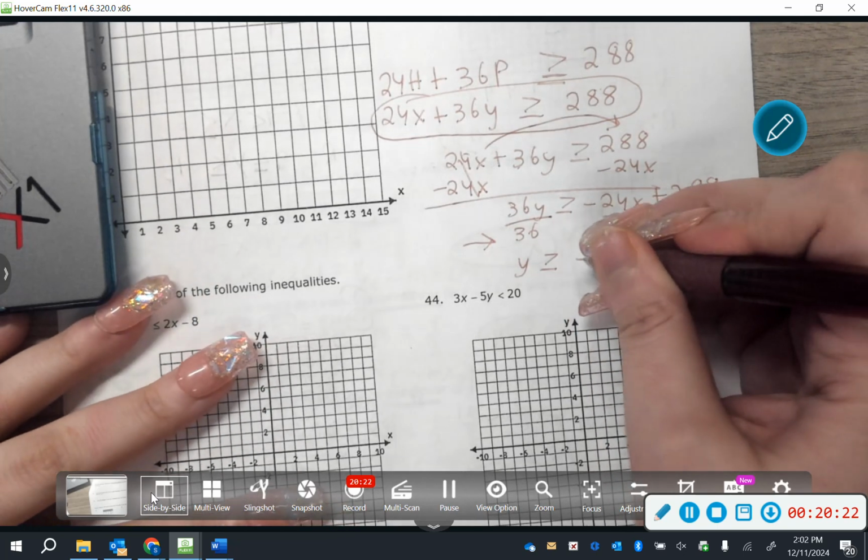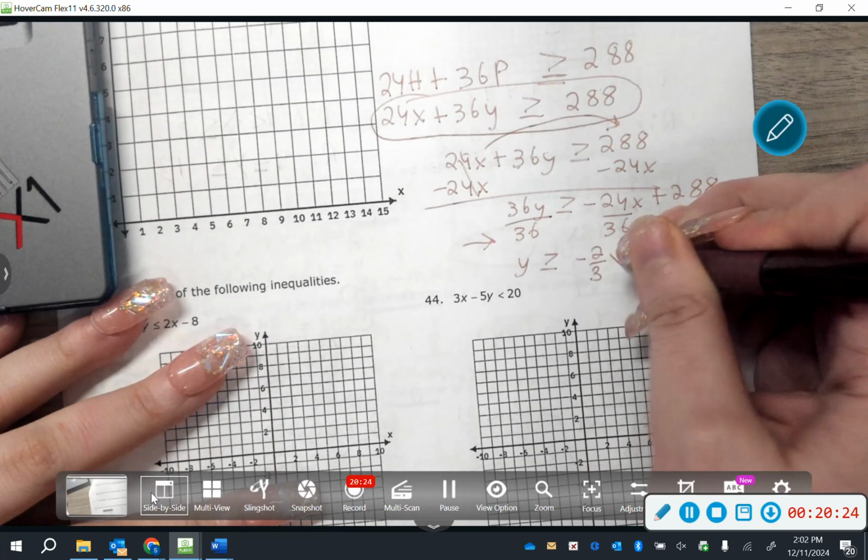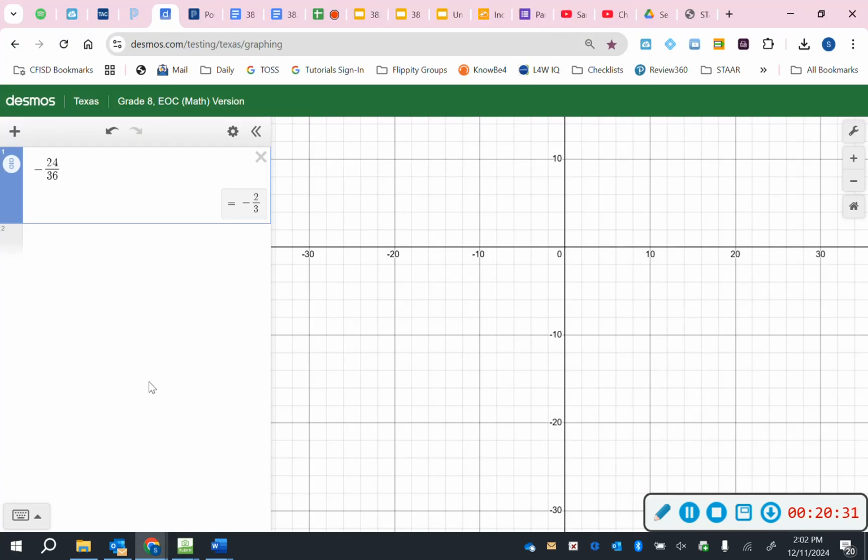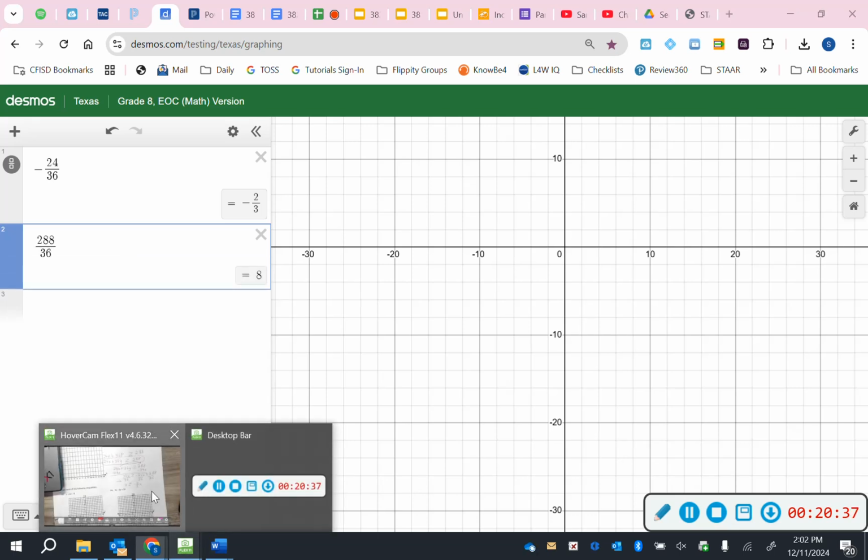So y is greater than or equal to negative 2/3 x. What's 288 divided by 36? Ooh. 288 divided by 36 is 8, plus 8.